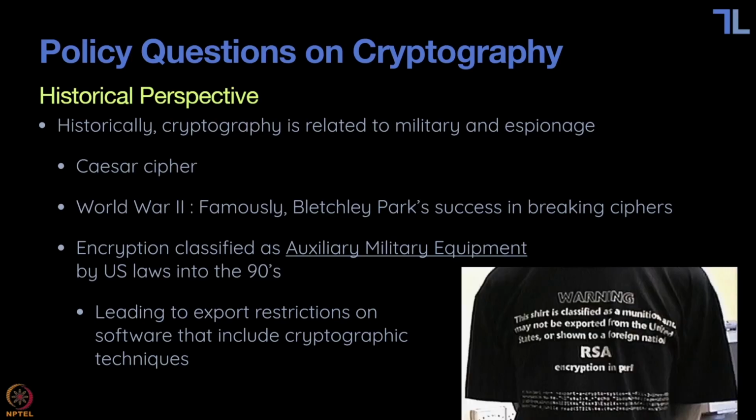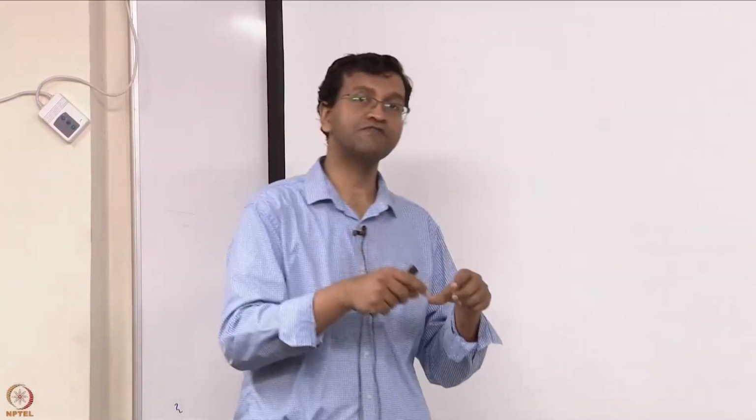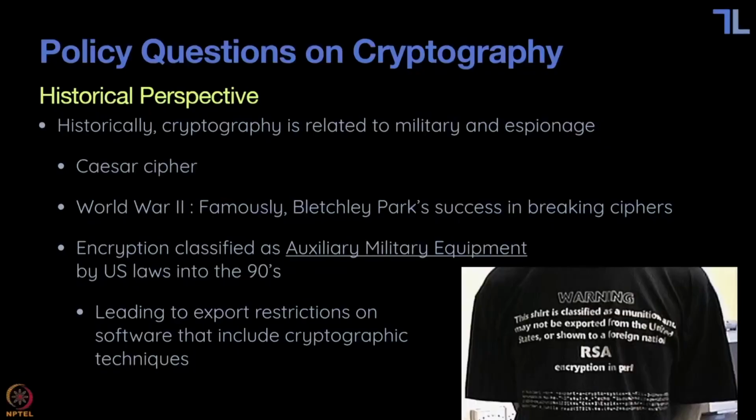Okay, and of course that didn't look very meaningful, because something like RSA, which was considered one of these things falling under the export restriction, is just some mathematical function which is published and everybody knows about it. What does it mean to say if your software has this thing, don't show it to people outside the US?